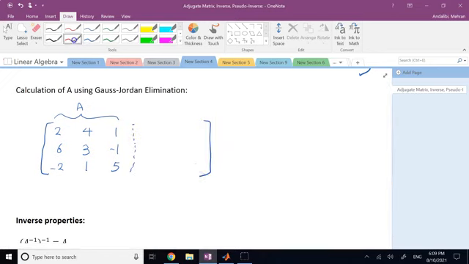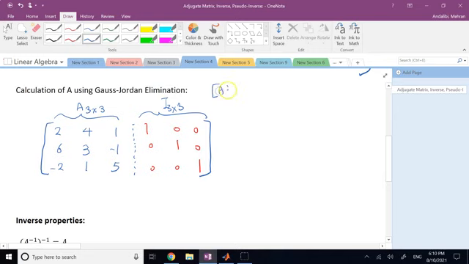Here I add an identity matrix of the same size to my A. And then using elementary row operations, this is [A | I], as I said, I will convert it into I and something else. And that something else that you will see on the right hand side is going to be A inverse. Okay, so this is what we need to do.